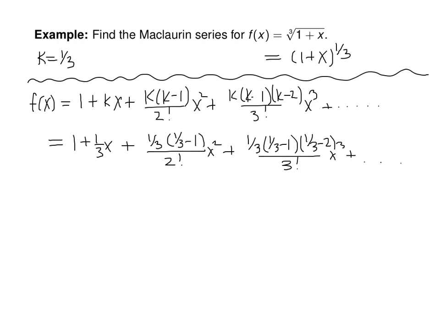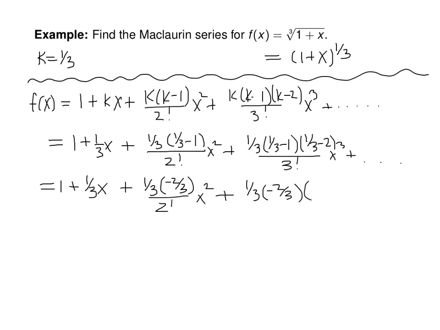So 1 plus 1/3 x. Now 1/3 minus 1 is negative 2/3. So we'll have 1/3 times negative 2/3 over 2 factorial x squared plus 1/3 times negative 2/3 times, so 1/3 minus 2, 2 is 6/3, so negative 5/3, over 3 factorial x cubed, etc.